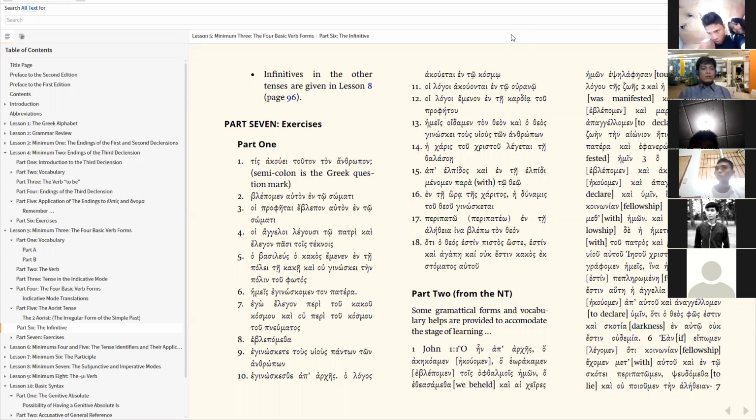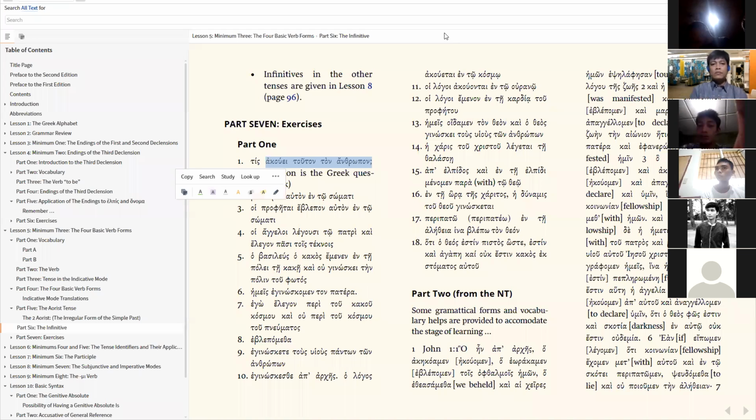All right, so let's go to the exercises. Let's try to read. Number 1 is: tis akouei touton ton anthropon?